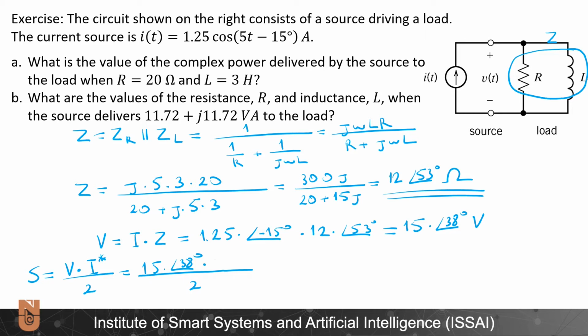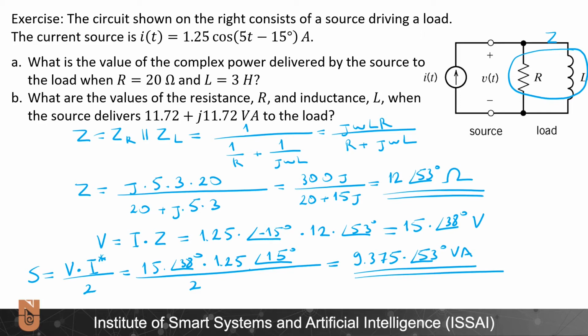I is 1.25 with a −15 degree angle, so I will just make it plus 15 degrees. Accordingly, this will be equal to 9.375 at 53 degrees. This is in units of volt-amperes, since it is complex power, the complex power delivered to this load.